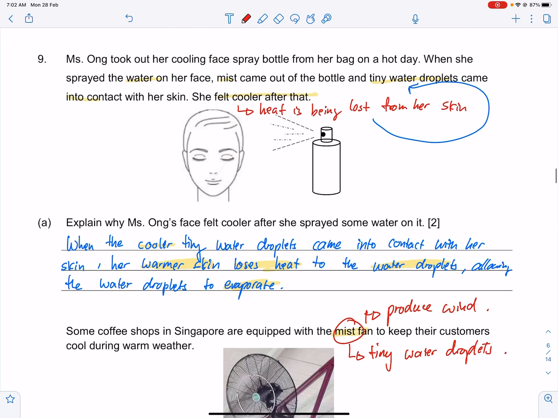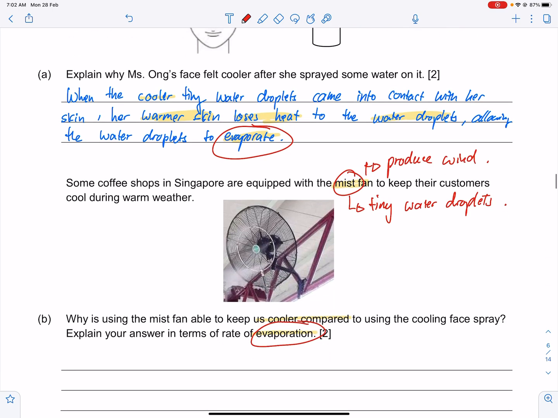Now, remember previously I talked about how when your water droplets evaporate, it removes the heat because it uses the heat to evaporate. So when you think about it, a faster rate of evaporation means that there is a faster rate of cooling.